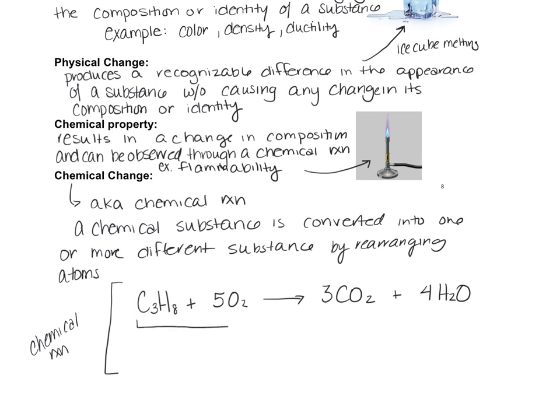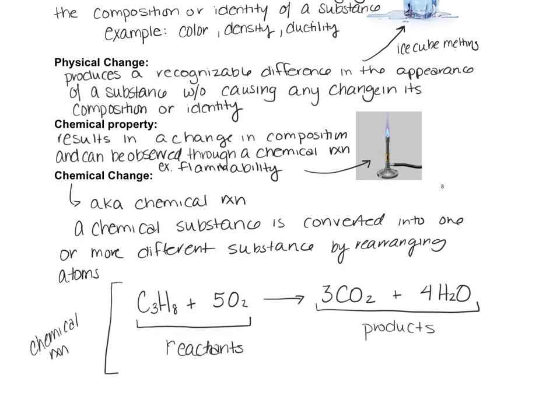And when you look here on the left side, these are our reactants. And then on the right side here, these are our products. And we'll talk more about chemical reactions later in the class. But chemical reactions are the ways that we describe the chemical change, or how these atoms are rearranged.